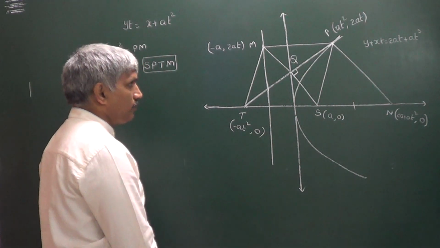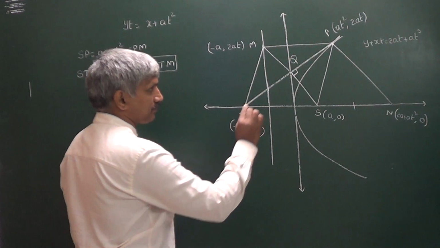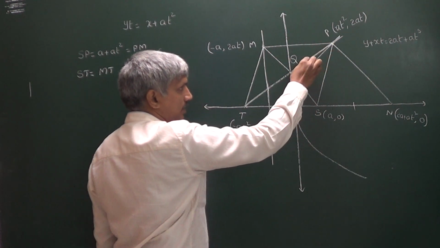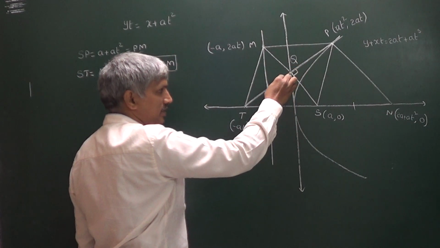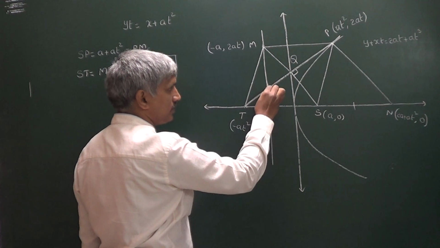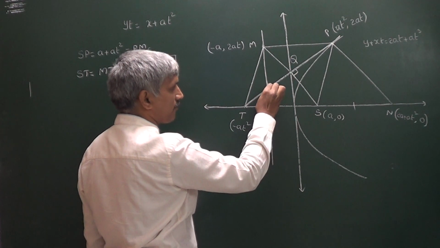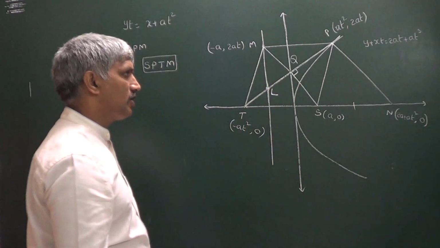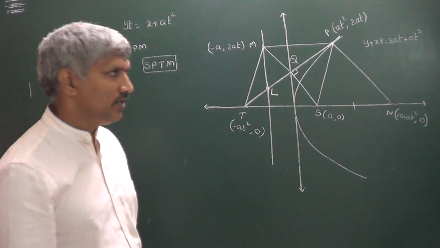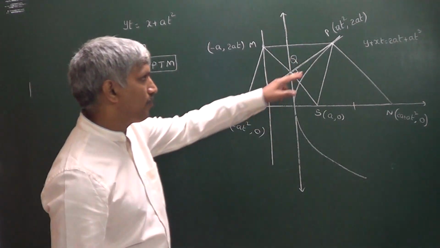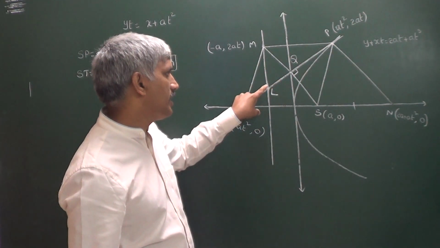At the same time, we got the information here. So at a point P, tangent is drawn, and now this is the portion of the tangent between the directrix and the point of contact. This is the portion of the tangent between the point of contact and the directrix.